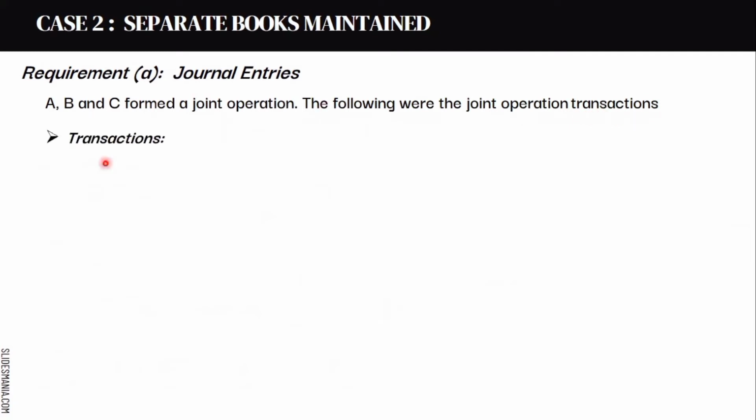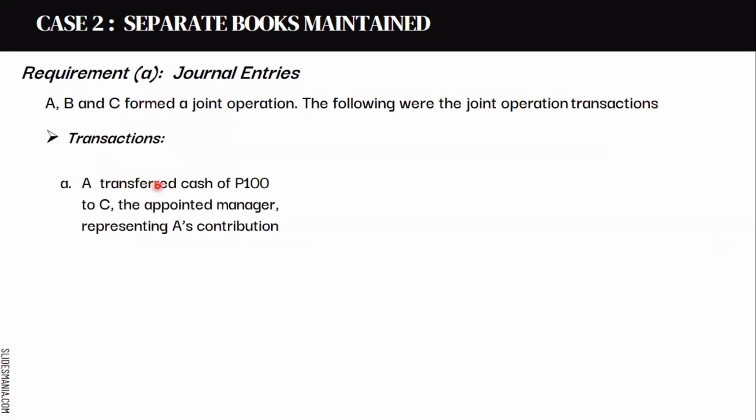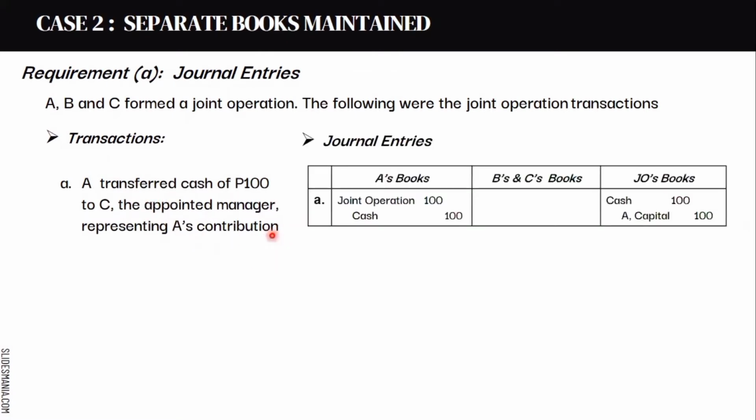So transaction letter A, transferred cash of 100 pesos to C, the appointed manager, representing A contribution. So journal entry natin, sa libro ni A, dahil siya ay nag-transfer ng pera at transaction niyan between A and the joint operation, syempre, kailangan mag-record ni A. So debit joint operation account na 100 pesos and credit cash na 100 pesos.